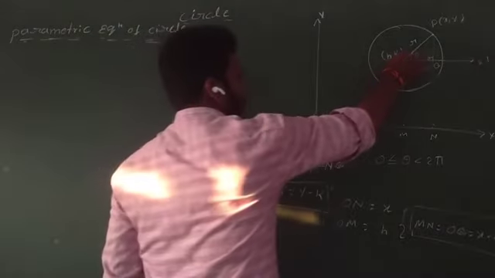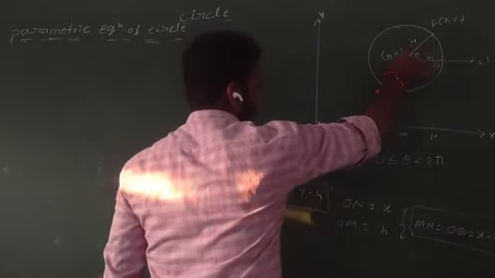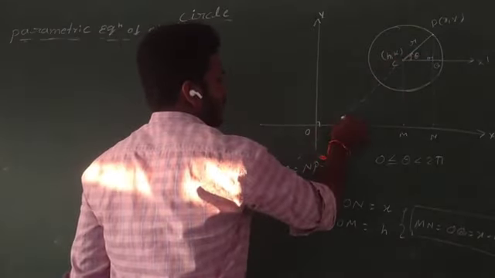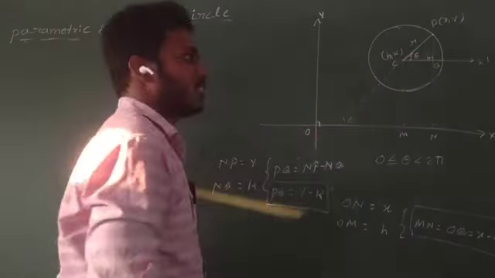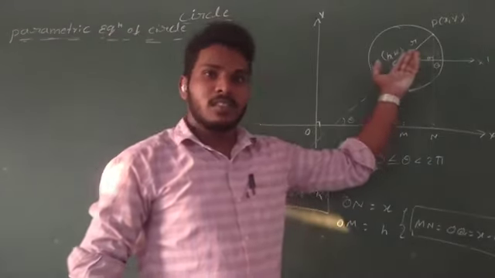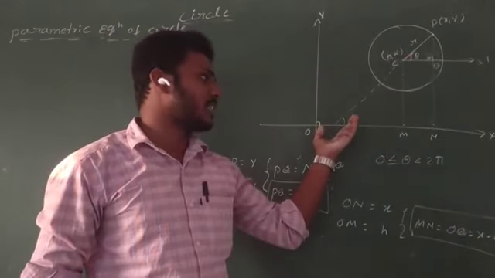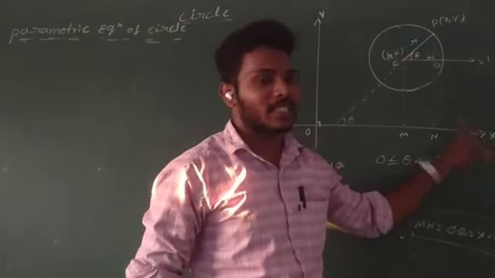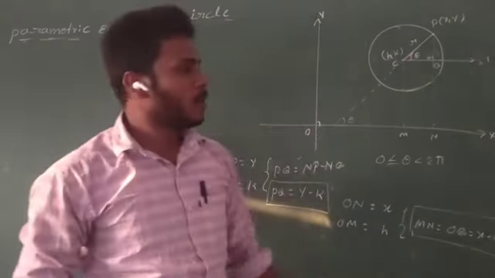Why? Because if the line CP is extended, it makes some angle theta, the angle of inclination, with the x axis. That is why I am taking a parallel line to the x axis, Cx dash.